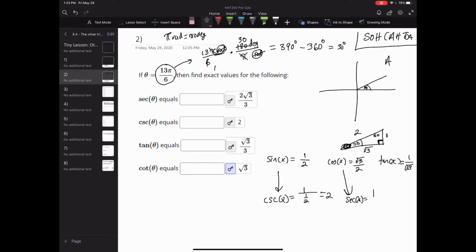So that's just 1 over cosine of x, which is square root of 3 over 2. And I guess I'll just do this one out for you so you can see it. That's 1 over 1 divided by square root of 3 over 2, which is the same as 1 over 1 times the reciprocal, so 2 over square root of 3. So you end up with 2 over radical 3.